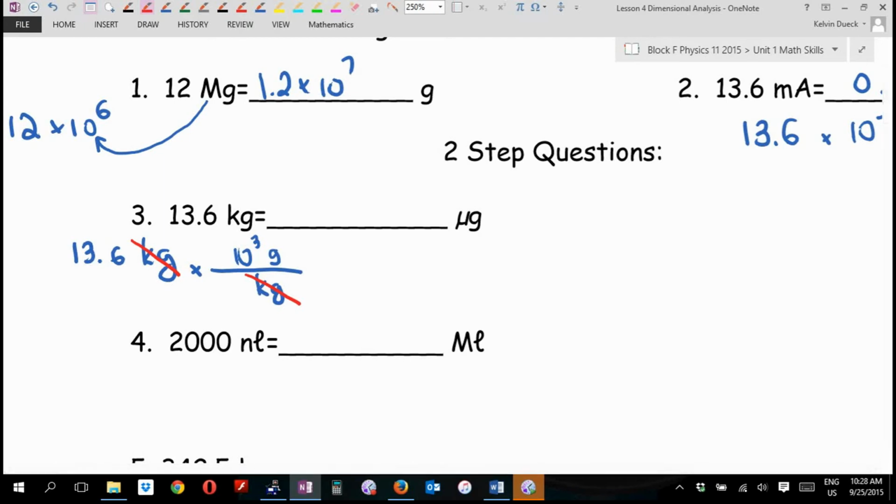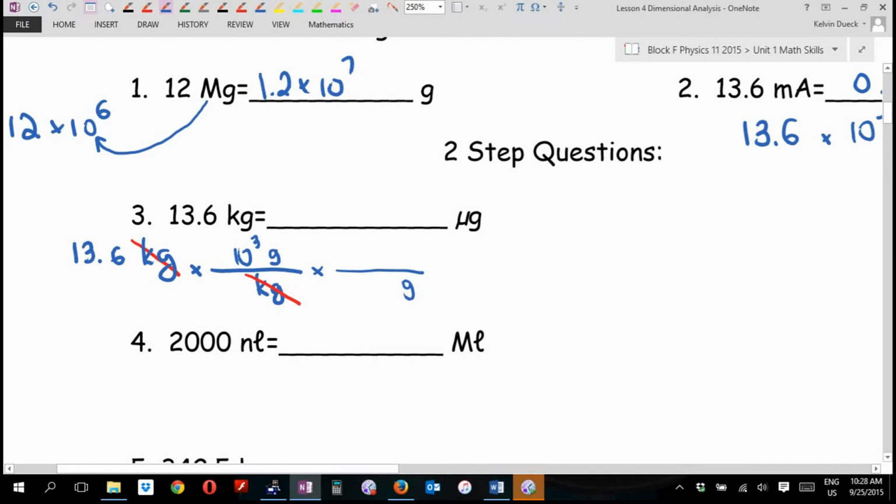But now, I want to get rid of the grams. How would I get rid of the grams? Well, where are the grams in this fraction, on the top or the bottom? Where will I put them in the next fraction if I want them to cancel? What do I want to end up with on the top?